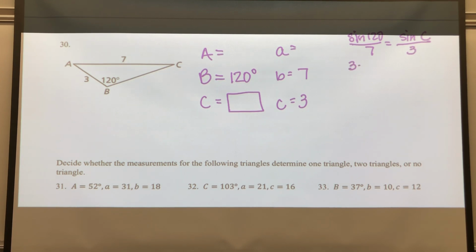So 3 times sine of 120 equals 7 sine C, divided by 7. And again, we're going to take the arc sine. And angle C is approximately, you put that in your calculator, 21.8.